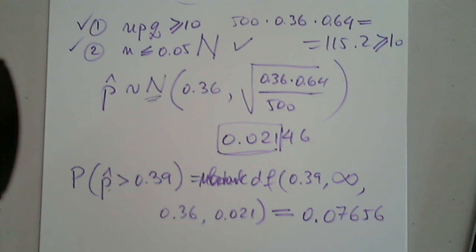Now let's see what they want. Round to 4 decimal places. So 0.0766.